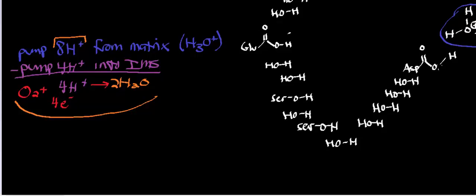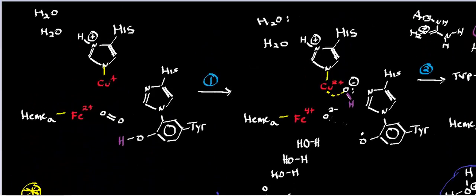And just so you can kind of keep track of it, molecular oxygen, or dioxygen, has 2 atoms of oxygen, so those 2 atoms are taken care of by these 2 water molecules, because each water molecule has 1 atom of oxygen. Okay, so just keep all this business in mind as we're going throughout the mechanism, and I'll point out some important things as we go.